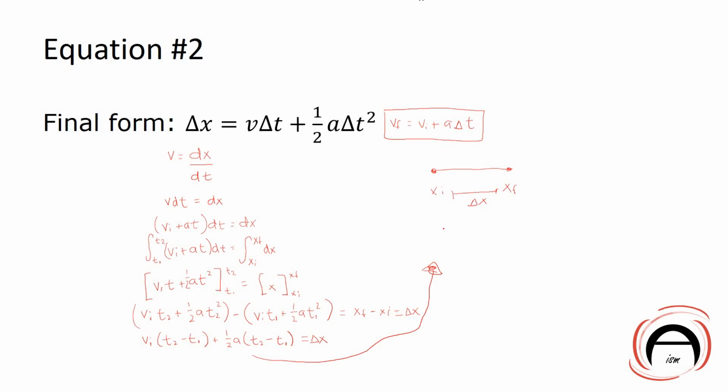So right here, we've finished this, and you're going to have vi delta t plus 1/2. Oh, sorry, I actually forgot the squared term right here. So 1/2 times a delta t squared, which is going to be the exact same thing as you saw right here. V initial plus 1/2 a t squared.